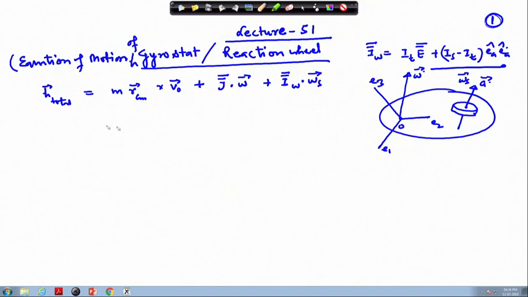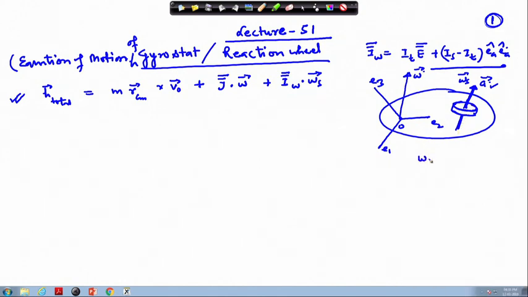Okay, so this was the equation that we derived for the satellite, which consists of a reaction wheel or the rotating wheel. Here a direction is shown, and that direction is nothing but the axis of this rotating wheel.